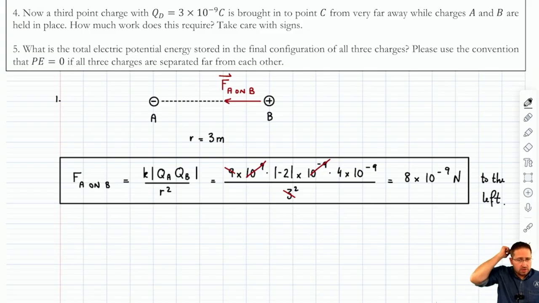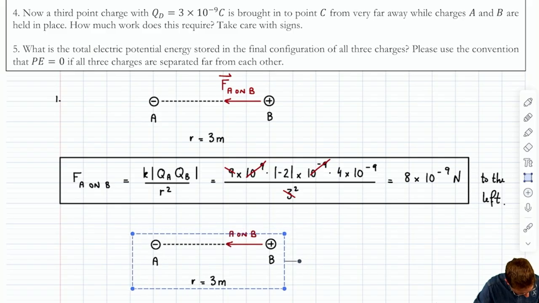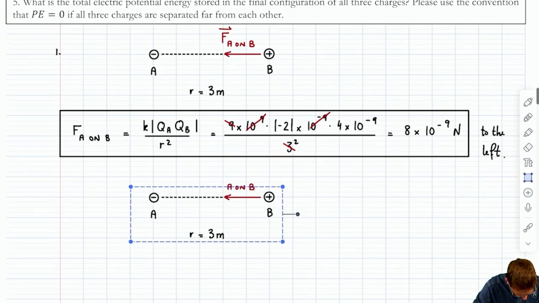Okay, so that's easy. That's not even anything that has to do with electric potential. So let's then continue with what is the electric field strength and direction at point C, which is 3 meters to the right of point B. Let's take this thing here, get rid of that.